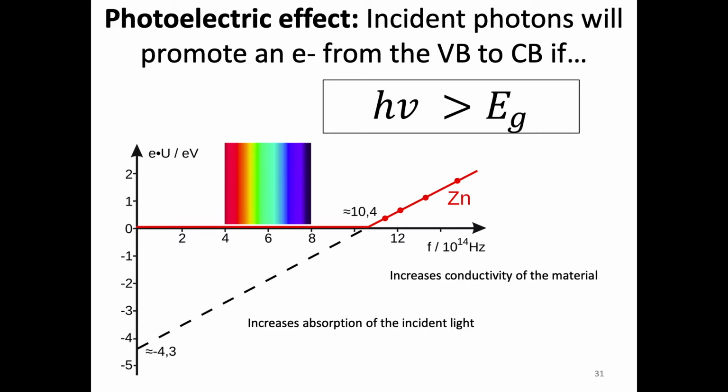The interesting thing about this is that once the energy of the light reaches a threshold, it promotes electrons. And so we can actually use this technique to measure the band gap of a material using light. And so that's how we can sort of do it.